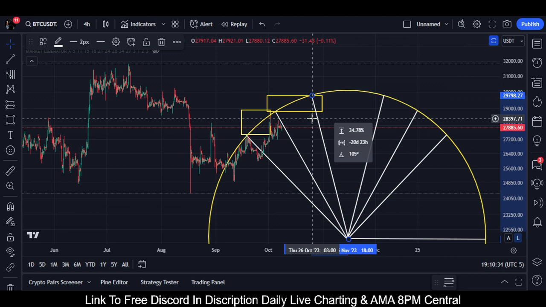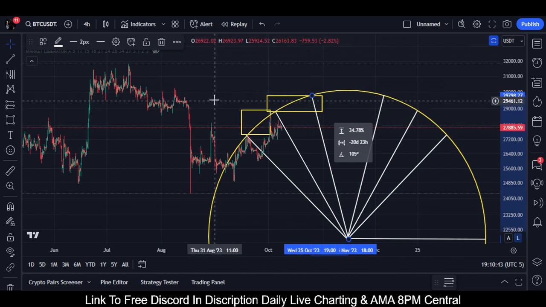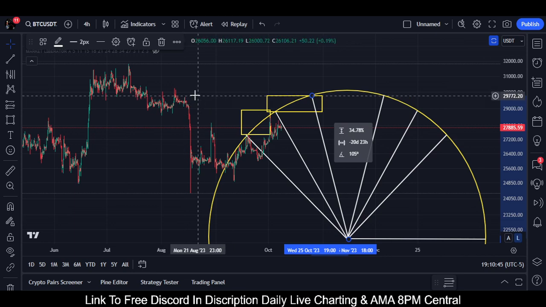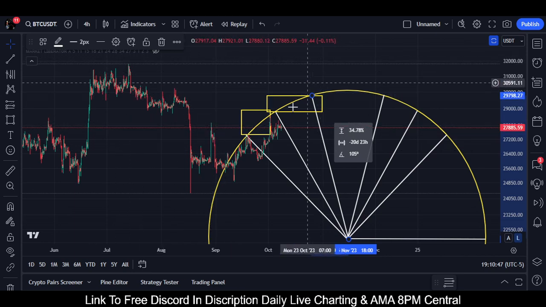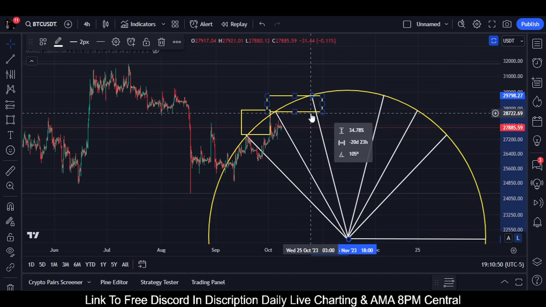If we follow this all the way to the top, that would be at approximately 29,750, which would give us a higher high on that chart. No, that's up there. We already got an uptrend. But what point in time? Well, it would be about 1900 hours on October 25th.